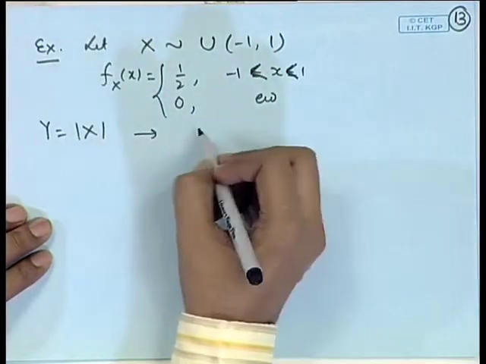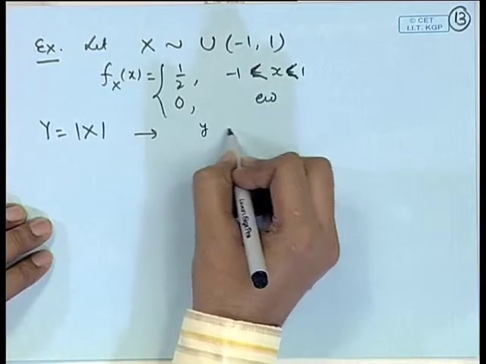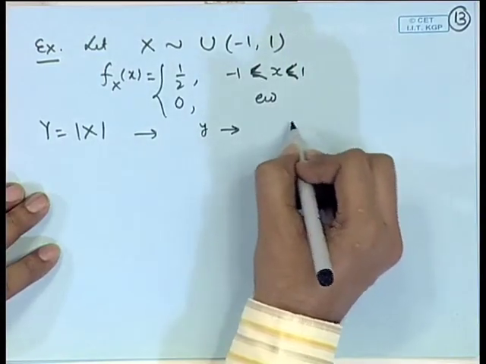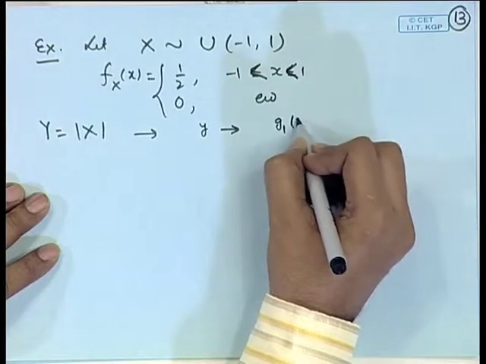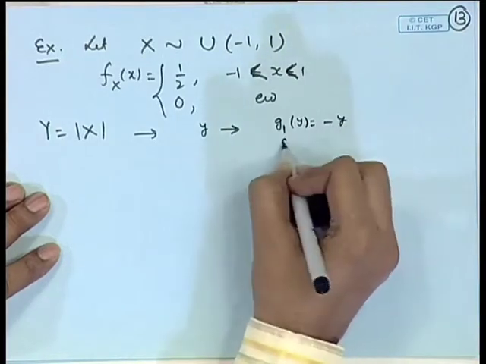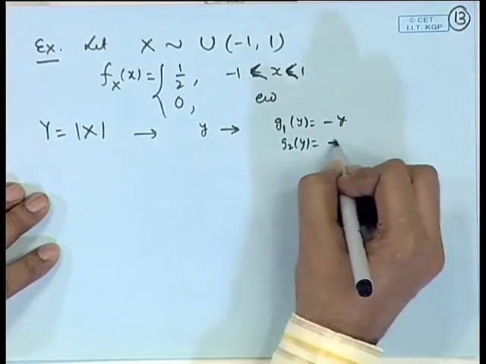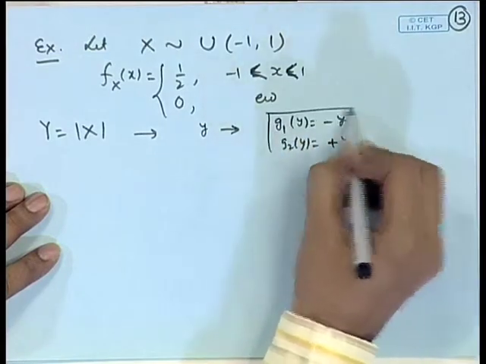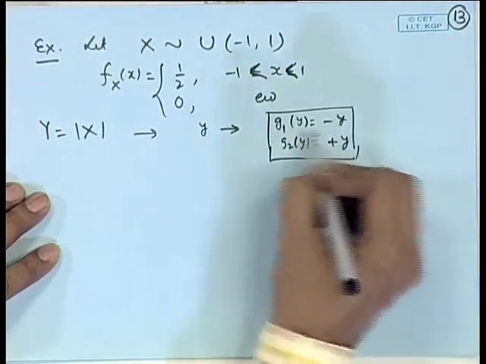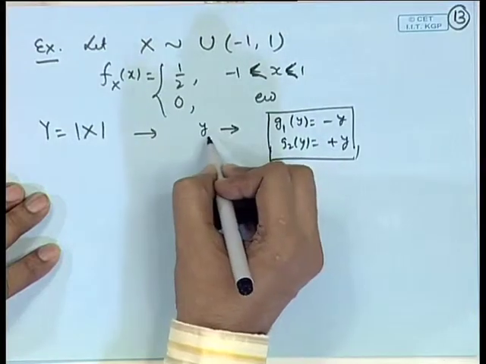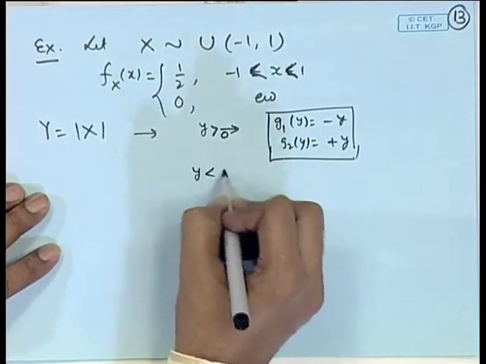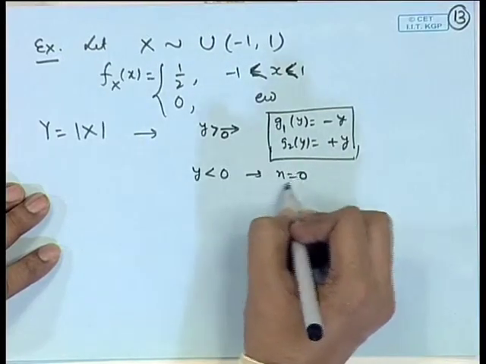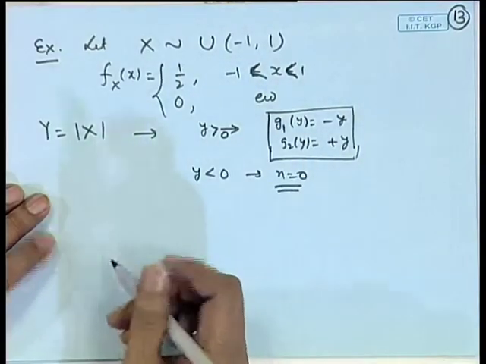So, here for a given y, we have g 1 of y is equal to minus y and g 2 of y is equal to plus y. So, two inverse images for a given y are there for y positive. If y is negative, n is equal to 0, that means there is no inverse image.